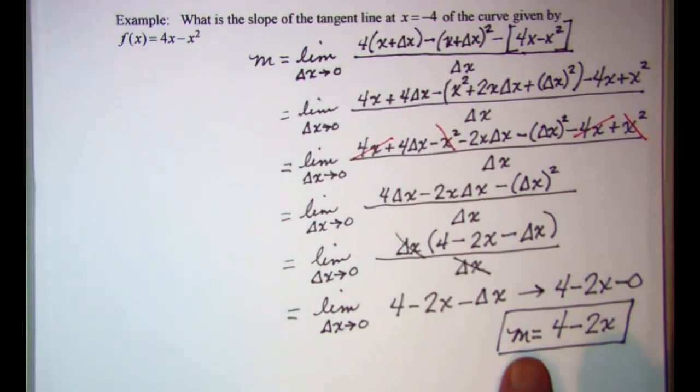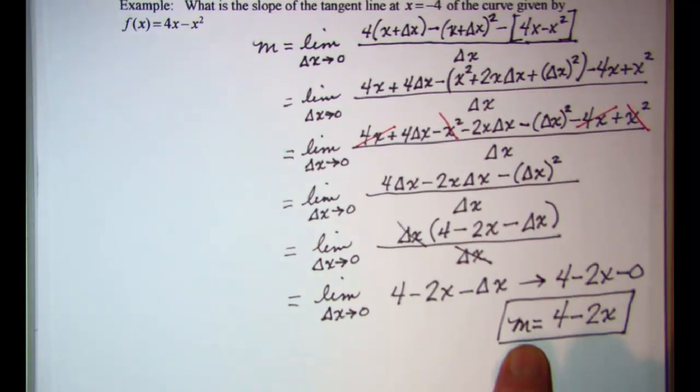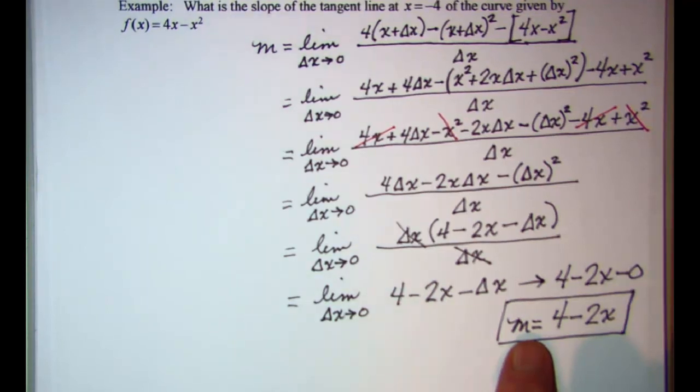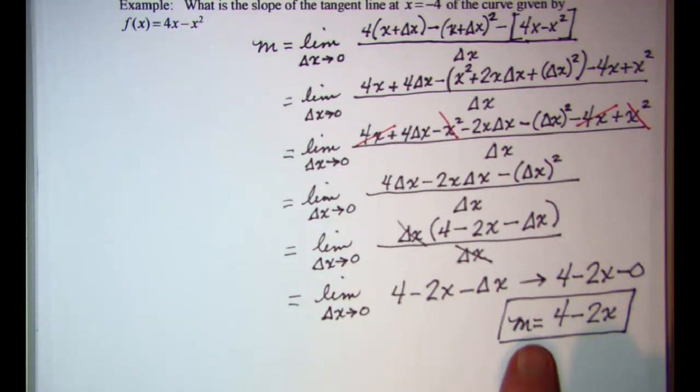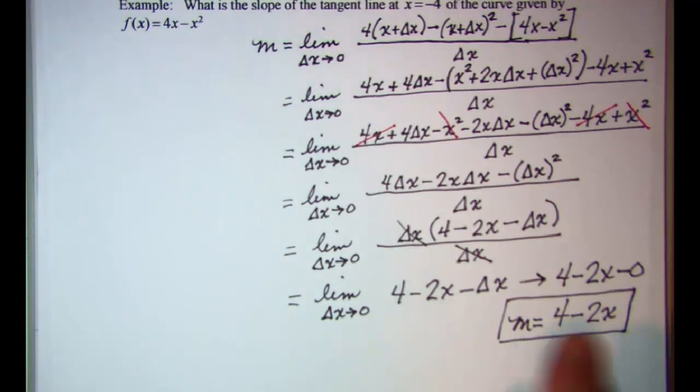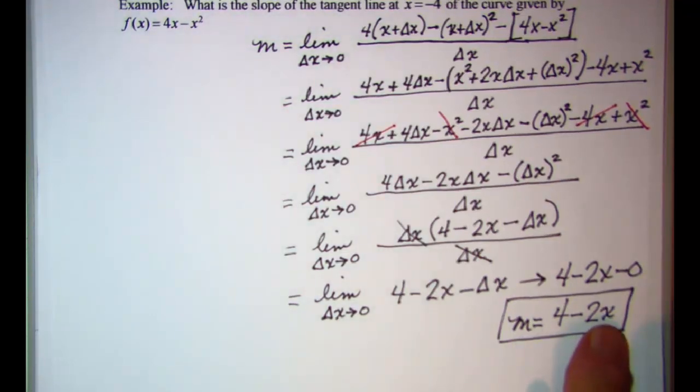Now this is the slope of our tangent line anywhere on the curve. So if you wanted to find the slope of the tangent line when x equals 0, you would put a 0 in here and find that slope. When x equals 3, you'd put a 3 in here for x.